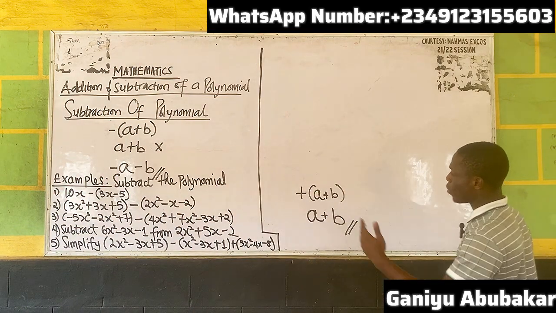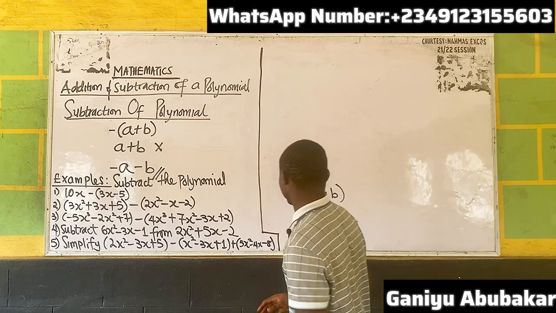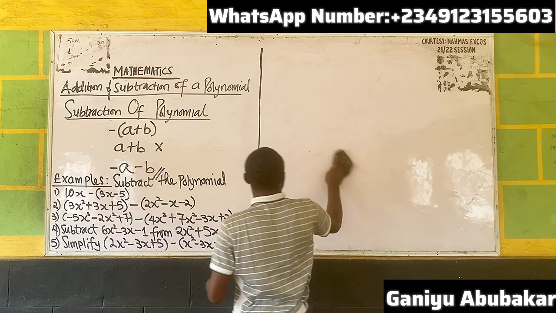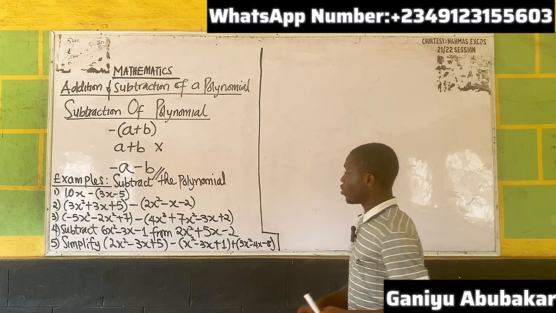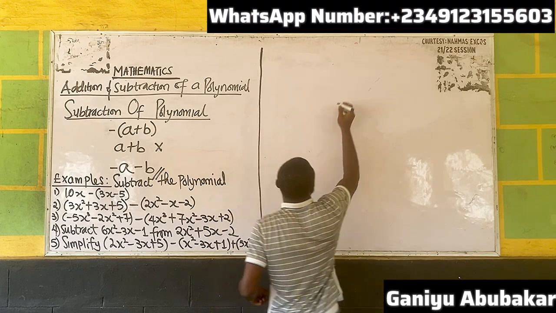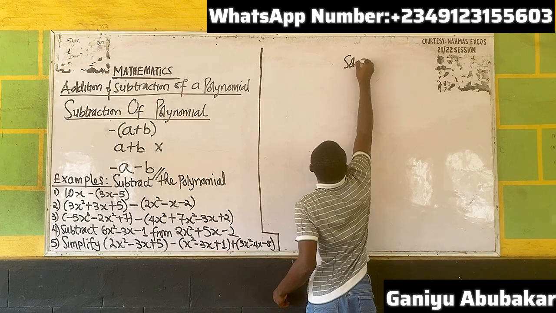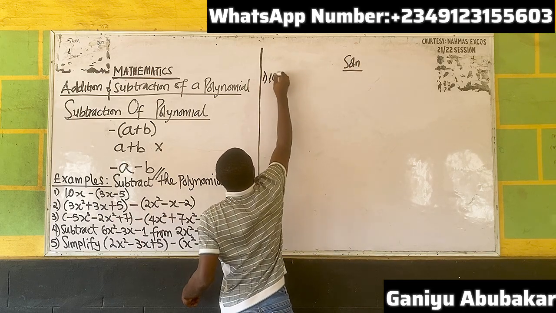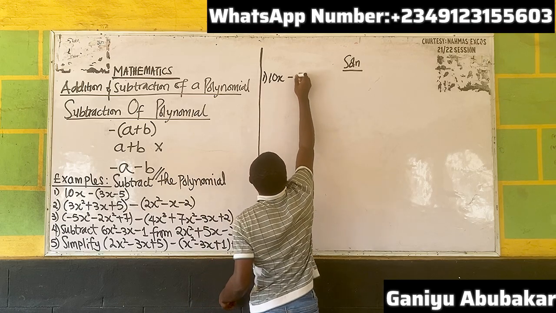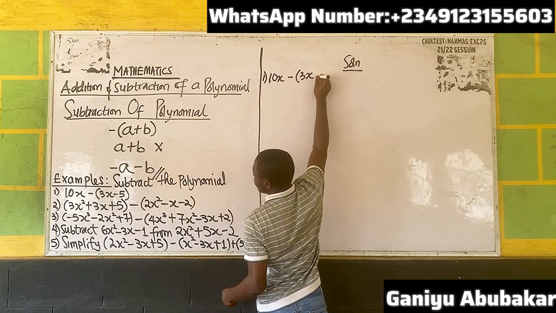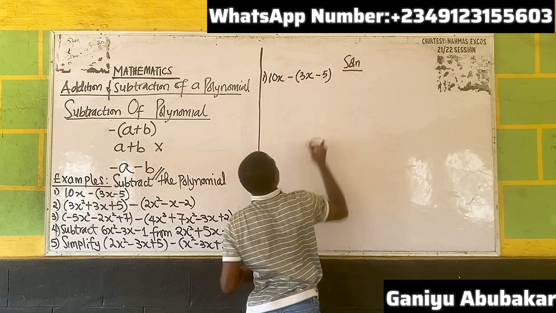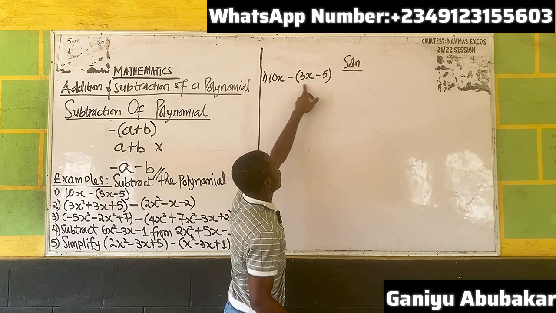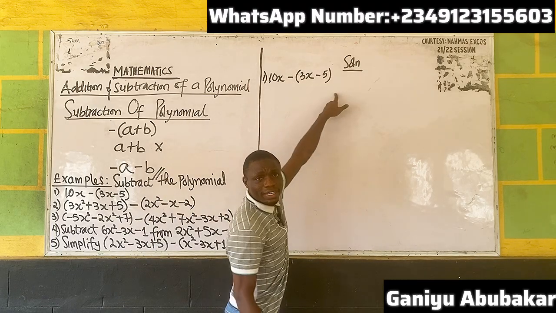First things first, example 1, solution to question 1. Question 1 says 10x minus (3x minus 5). We said when there is a negative in front of a bracket, we expand it.